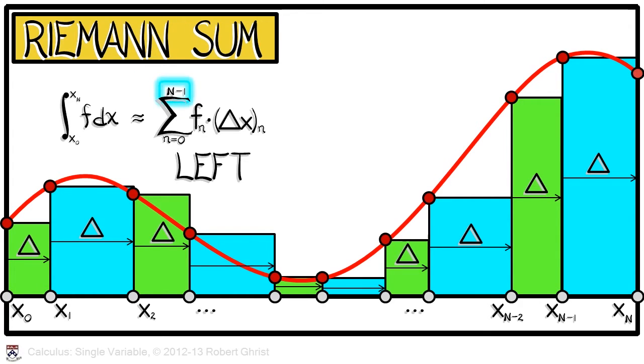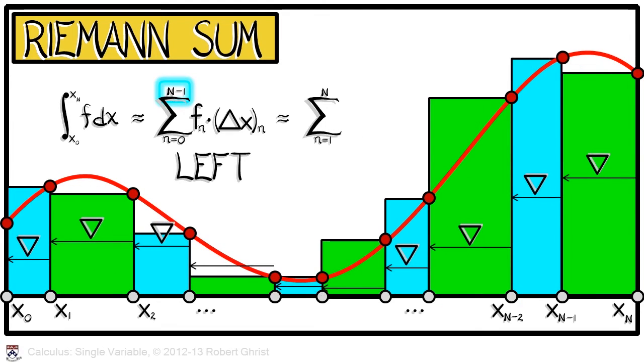Notice that the sum is only going up to n minus 1, and we do not include that right endpoint. Now we can reverse things and use what we might call a right Riemann sum, ignoring the first sample point at x naught, and summing up all the rest using the backward difference of x.